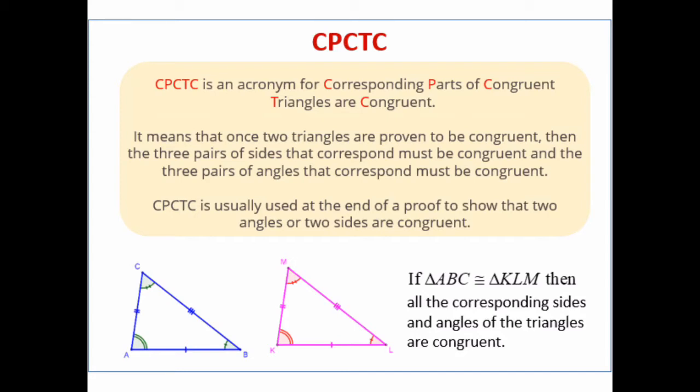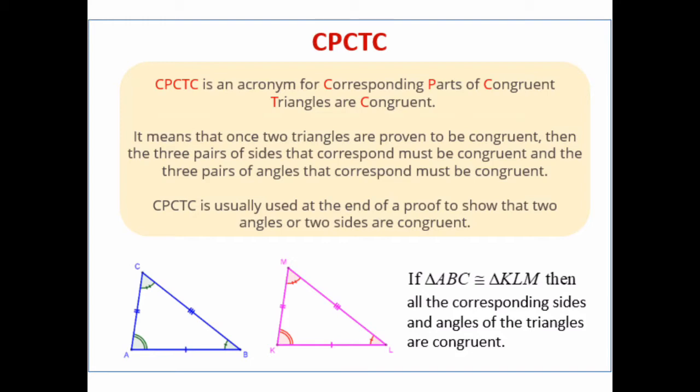So you'll normally find CPCTC at the end of a proof to show that two angles or two sides are congruent. So you'll work through the proof to prove the triangles congruent, and then you can prove that any of the corresponding parts are congruent as well.